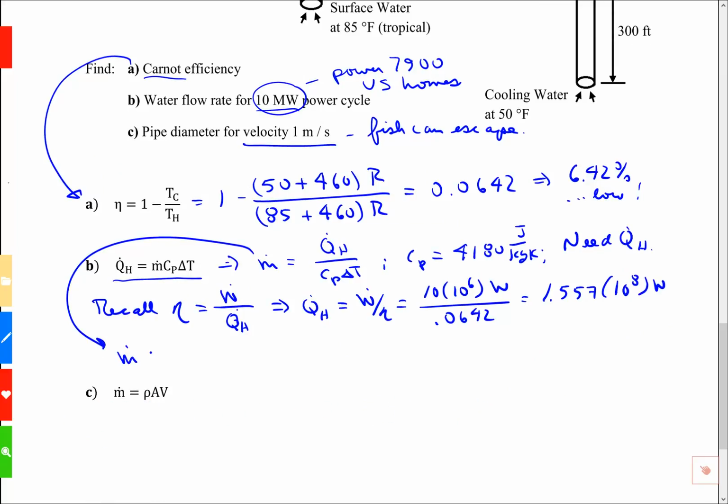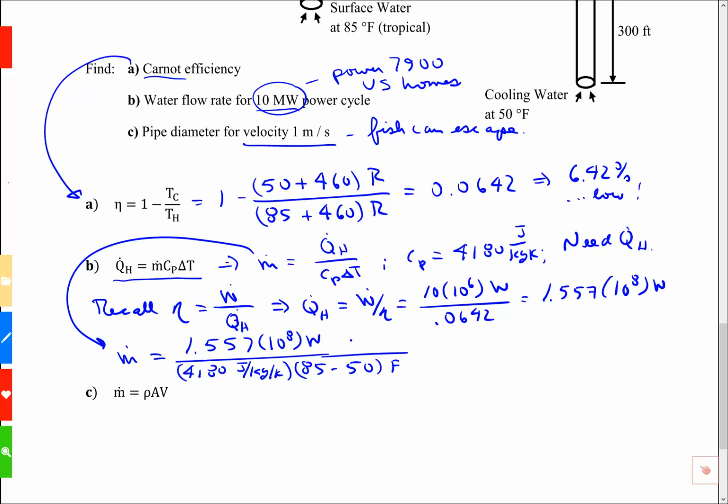And now we can combine that with this relationship here to get the mass flow of the water. M dot for the water is going to be this large heat rate, 1.557 times 10 to the 8th watts, divided by my specific heat, 4180 joules per kilogram per Kelvin. And then my temperature difference, I'm going to use 85 minus 50 Fahrenheit. But let's fix that.